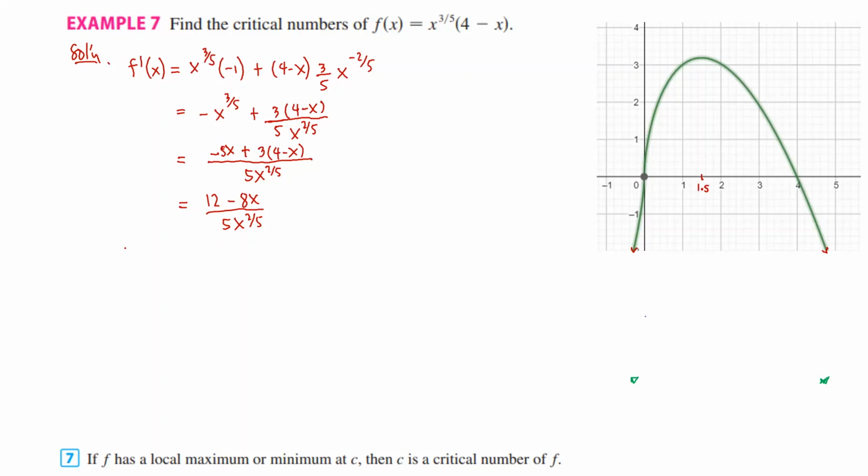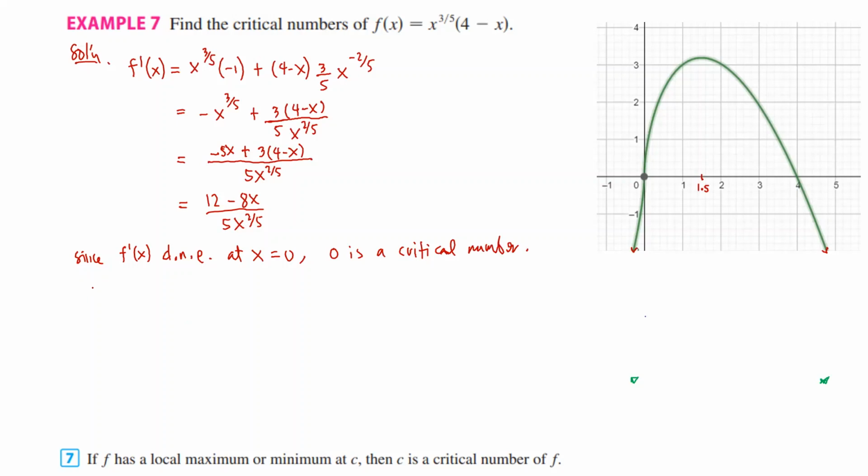So we say, since f prime of x does not exist at x equal to 0, because when x is equal to 0, that will make your derivative undefined, then this means that 0 is a critical number. Okay, 0 is a critical number.